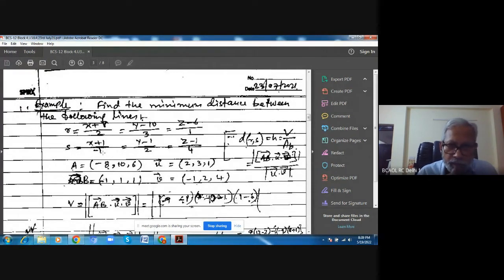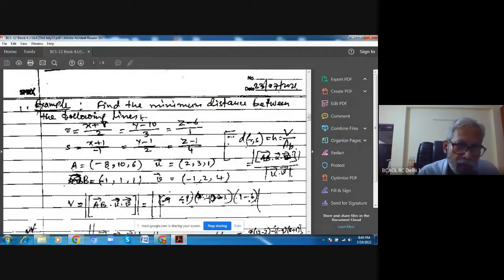If we know the formula D(R,S), the formula is H is equal to P by the magnitude. In this case, A we take the values 8, minus 10, and 6, and U vector is here 2, 3, and 1. So from here you have to take the values.